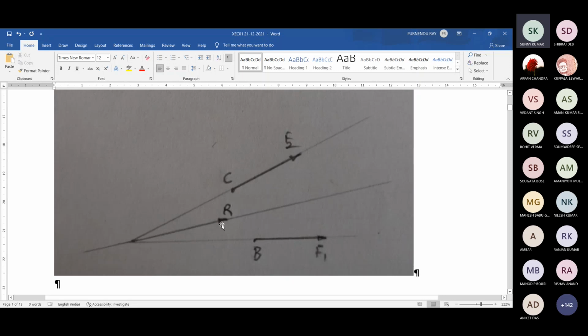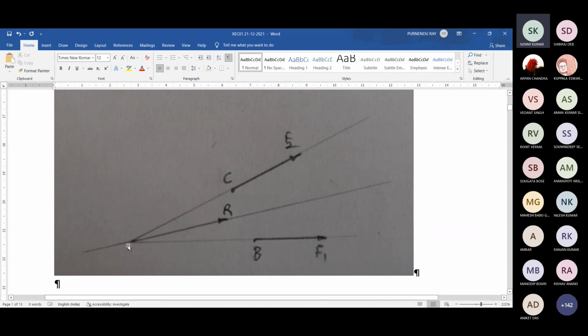then what about the condition of equilibrium? The first geometrical criterion is that the third force must pass through this point, opposite to the direction of the resultant determined along this line, but in this direction. So the very important condition for equilibrium for three coplanar forces is that the three forces must be concurrent.